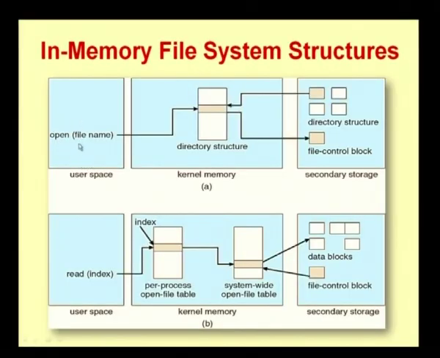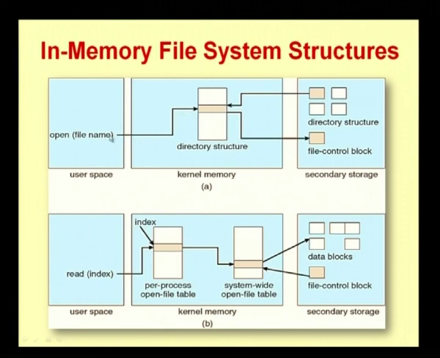So now let us see how this file system is being used inside the memory, or how the data is being organized from the file system. Let us see a diagrammatic viewpoint. Over here we are opening a file. When we open a file, this is my directory, my folder, consider. So here you have a file.